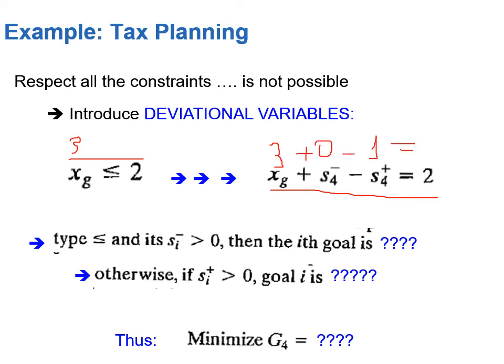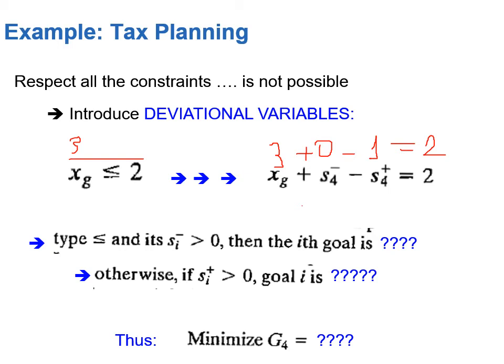You cannot just say, okay, this is 3 and this S4 minus is minus 1, because these deviational variables are greater than or equal to 0. They cannot take negative values. So the only way to satisfy the constraint is to have this positive deviation equal to 1.